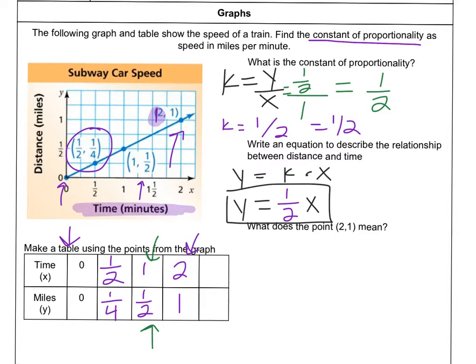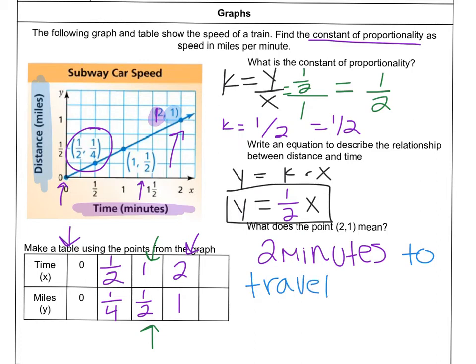So the 2 means 2 minutes. Then my y value is 1, and my y-axis was distance. So it means 2 minutes to travel 1 mile. That's all it means.